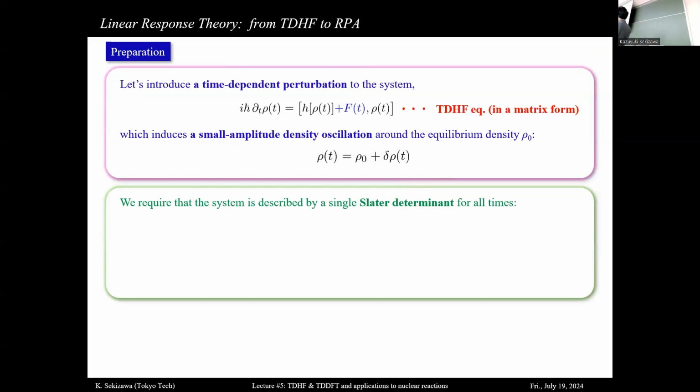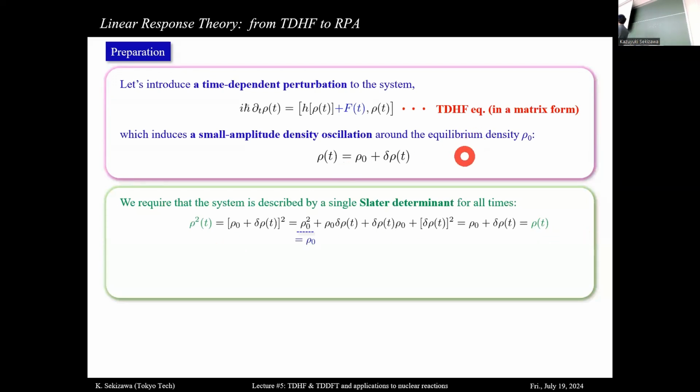Now we require that the system remains a Slater determinant for all times, which means that the density matrix is idempotent. We request that rho squared at time t equals rho of t.